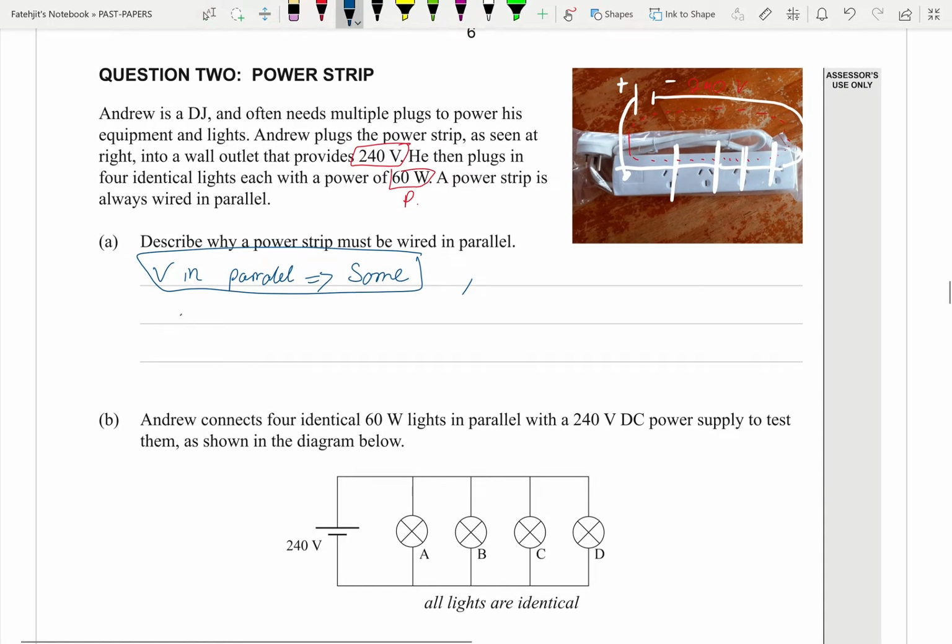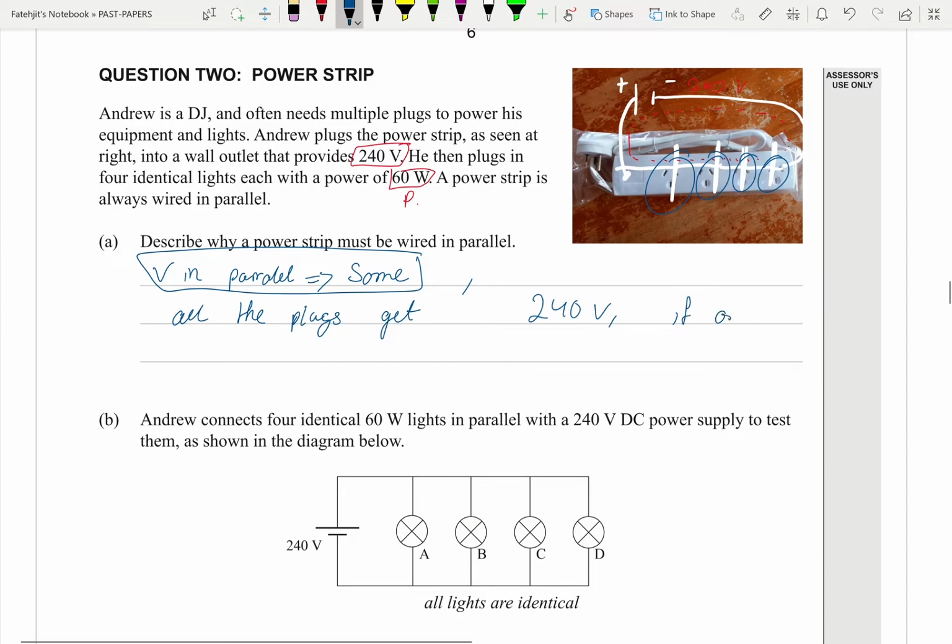So the main thing is that all the plugs, these are the plugs I'm talking about, all these plugs get the same 240 volts.